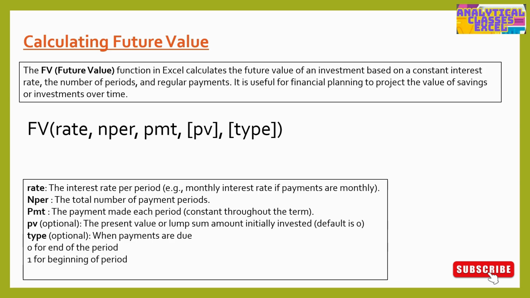If that is your case, you can put PV as 10,000. Otherwise, you can say it's 0. Type is 0 for the end of the period, if we are paying at the 30th or the end, 28, whatever the month is. So 0 is when you are paying at the end of the period and 1 is when you are paying at the first date of the period.